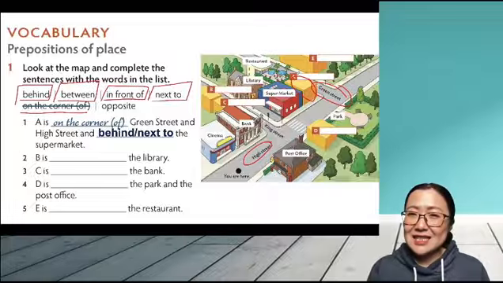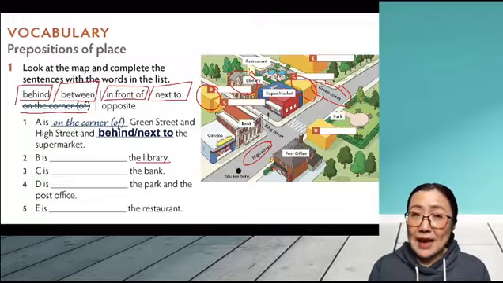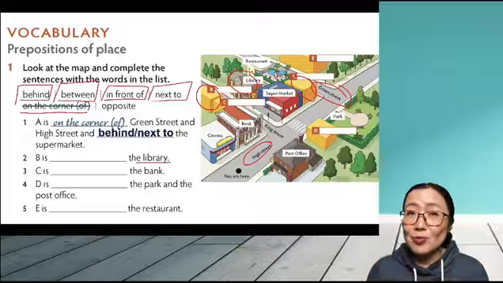And let's take a look at B. Where is B? B is here, right? B is what? The library? Let's see, the library is here. So do you remember library? Yes, library is the place where you can read a lot of books, right? So the B is what, the library?